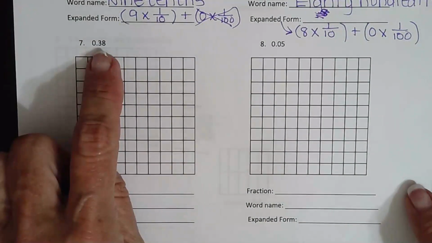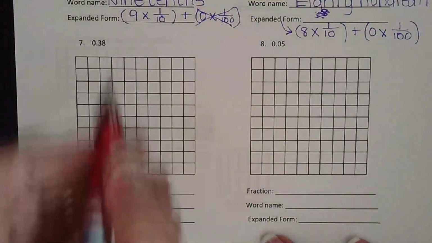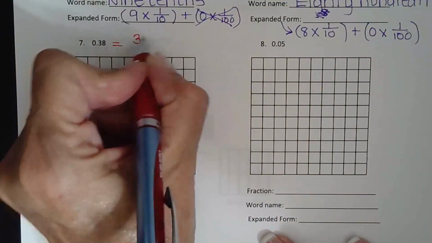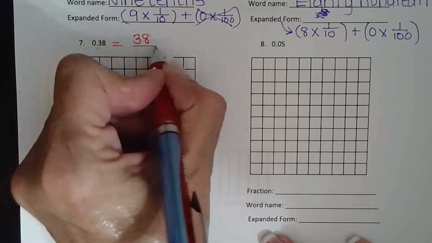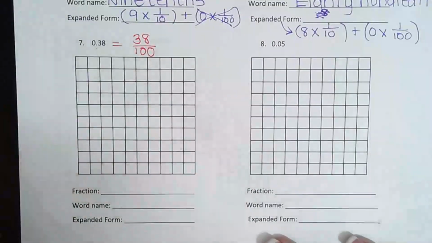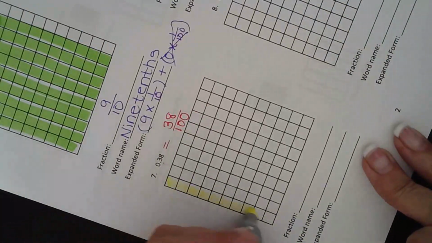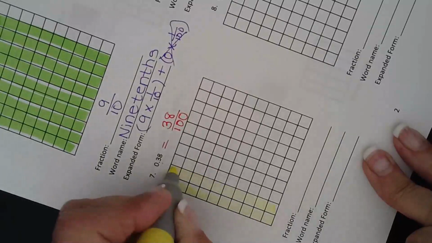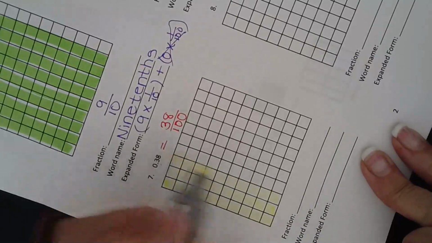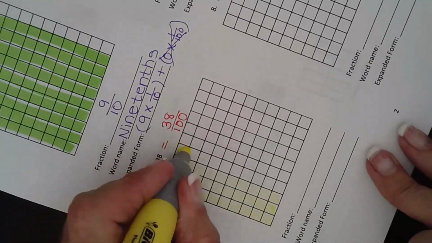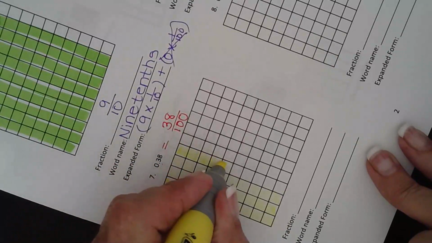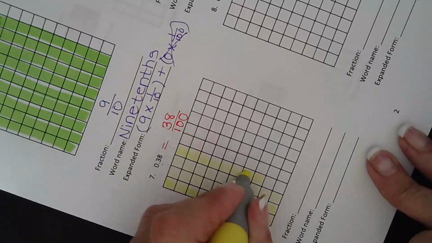So this is 38 hundredths. So 38 over 100, because there are 2 decimal places, so that means shade 38 out of 100. So we have 3 strips and 8 units. 1, 2, 3, 4, 5, 6, 7, 8.